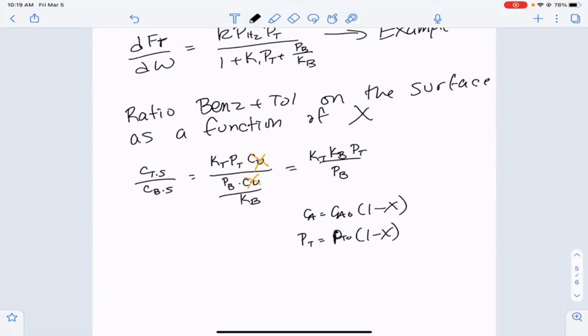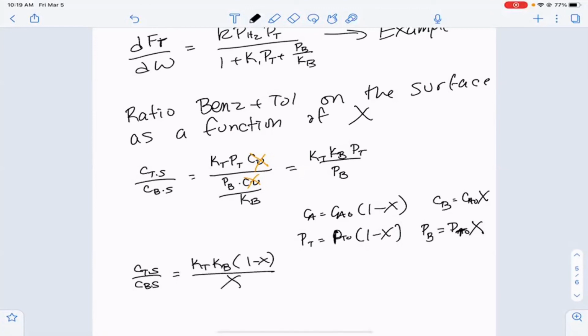And since we're forming B, if we were to write this in terms of concentration, CB would just be equal to CA0 times X. And in this case, the pressure of benzene equals the initial pressure of toluene times the conversion. And so we actually could put this into our expression. We know CT·S over CB·S is then equal to K1 times KB times the CA0s will cancel. That's just 1 minus X over X.